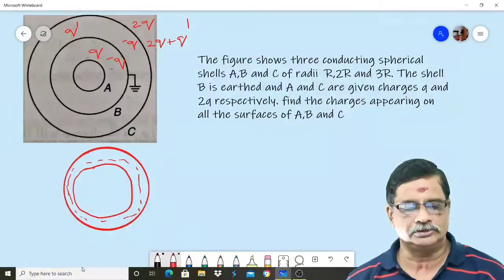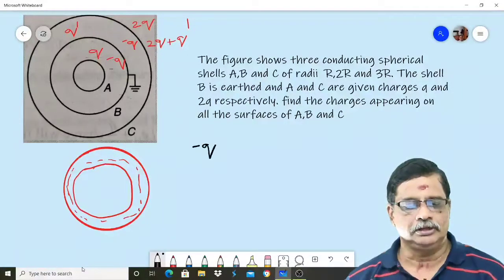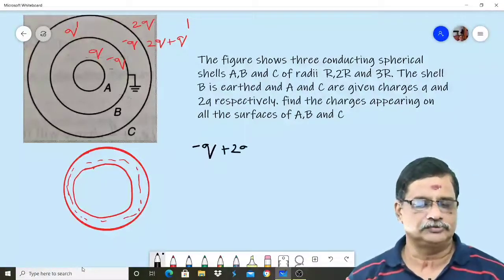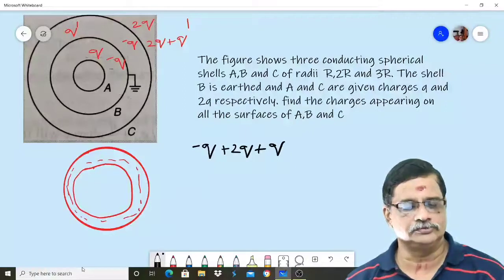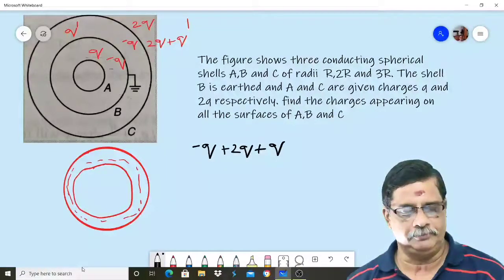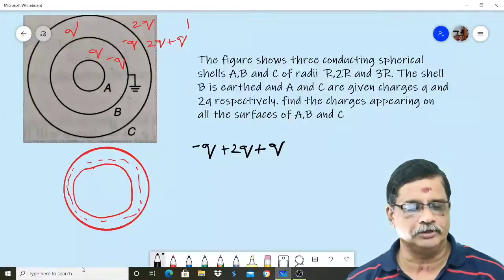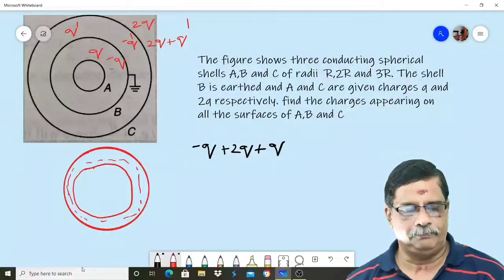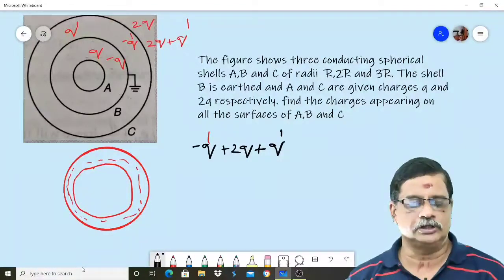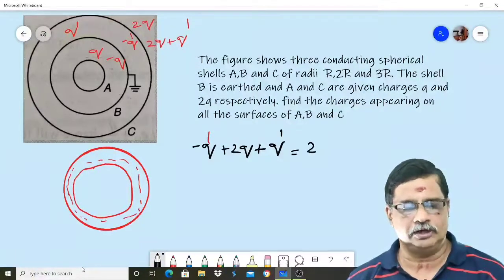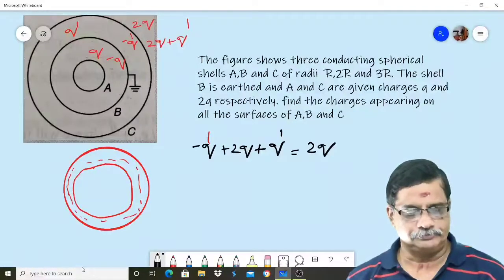The inner surface has a charge minus Q dash, sorry, not minus Q, and the outer surface has 2Q plus Q dash. So this is minus Q dash plus 2Q plus Q dash, which is equal to 2Q itself. And 2Q was the charge given to the spherical shell C to begin with.